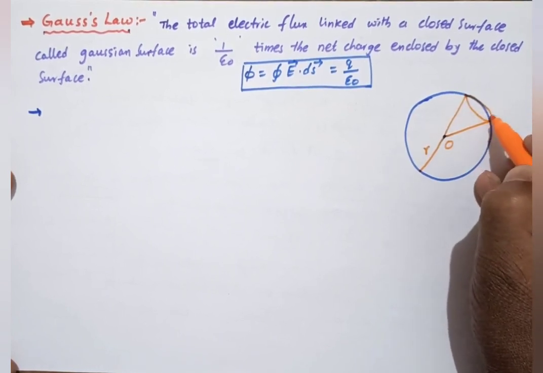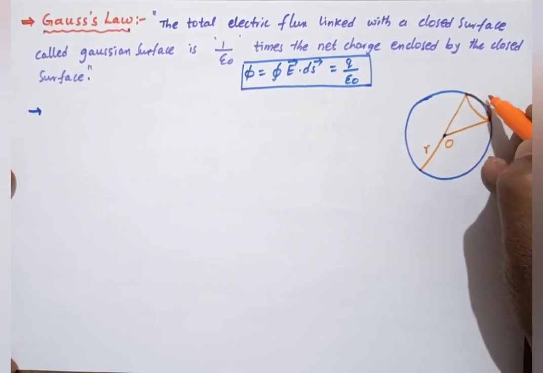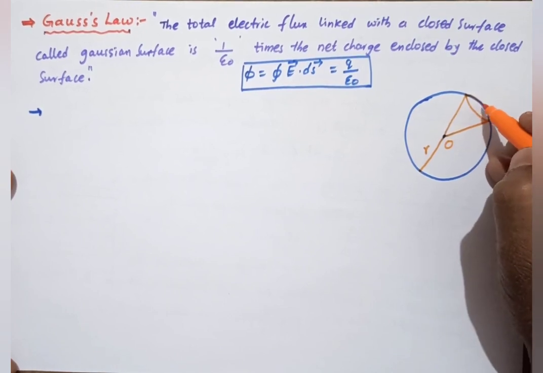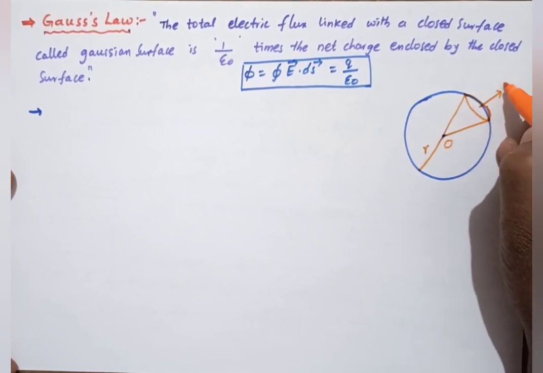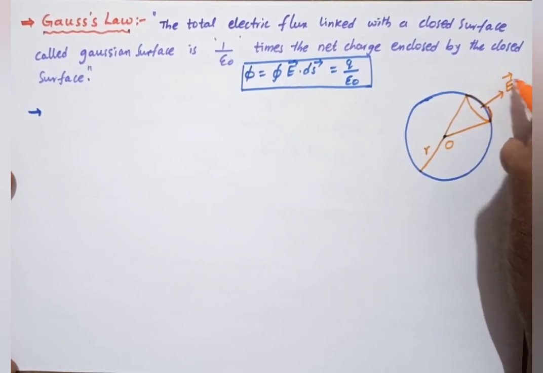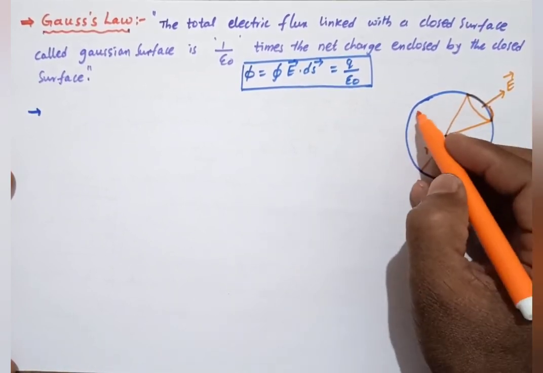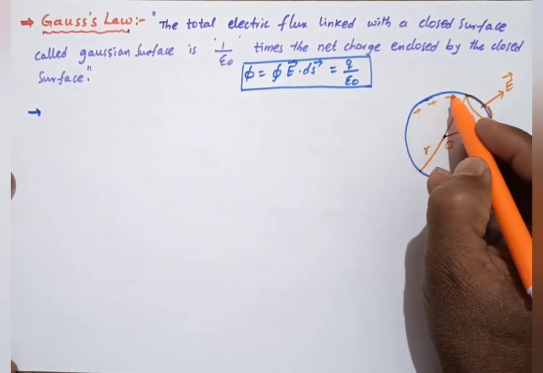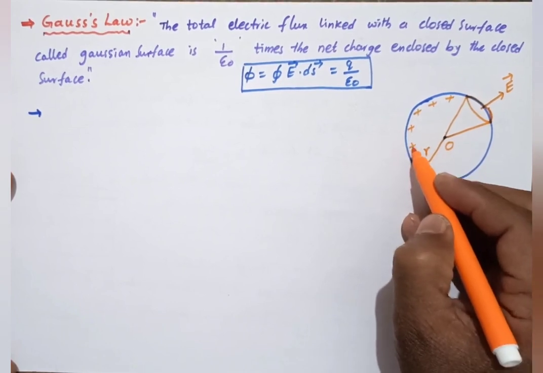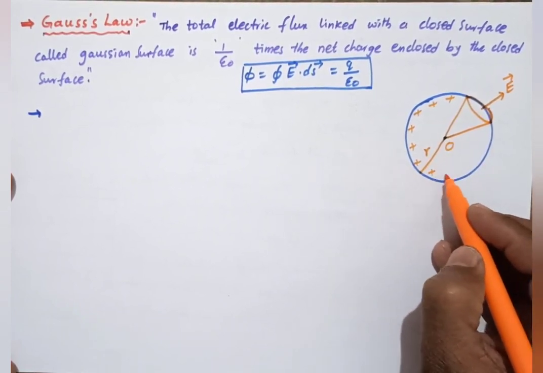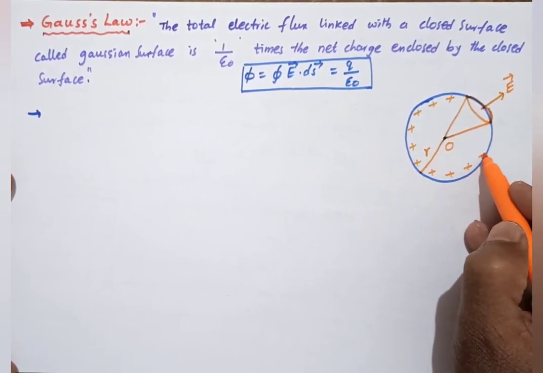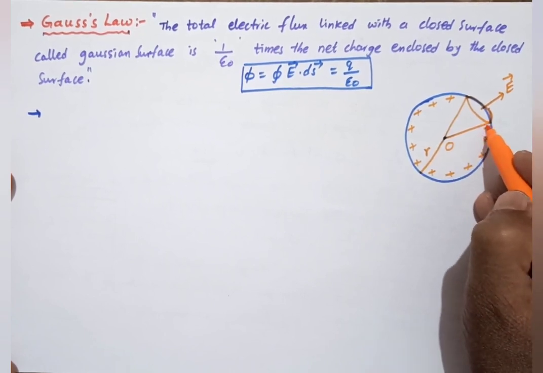a small surface area. The surface area is, this is the electric field. Okay, it is accumulated positive charge here, or negative charge, anyone. So we consider a positive charge.